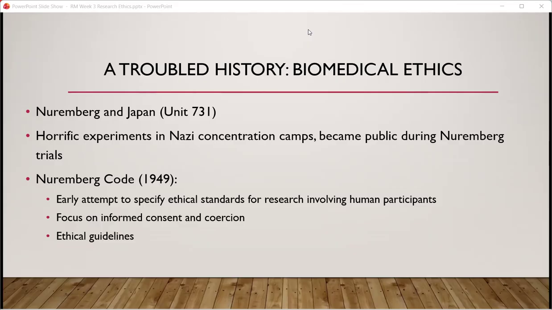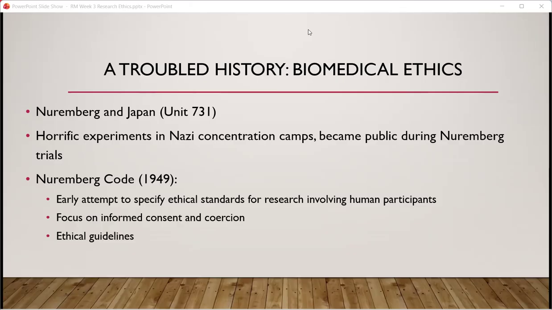And out of all of this, one of the biggest pieces of legislation globally was the Nuremberg Code. And this was in 1949. It was truly an early attempt to specify ethical standards for research involving human participants, and also started articulating human rights practices for people captured in war.